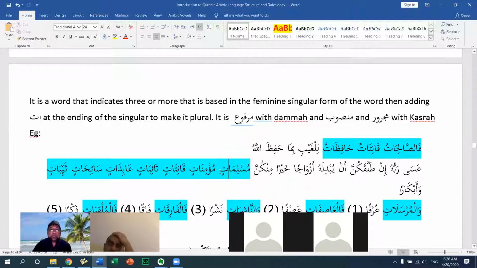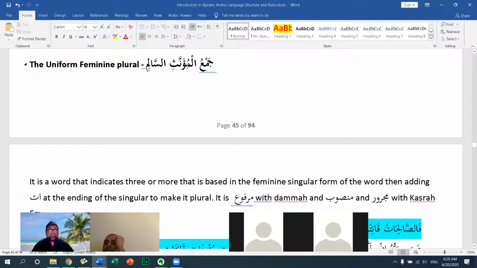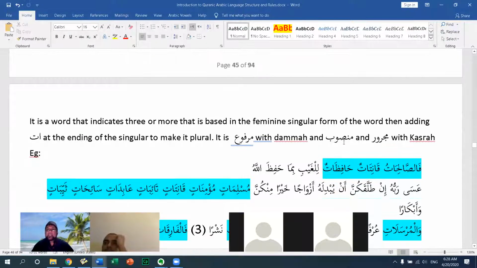But it's mansub with what? Come on, anybody? Kasra. Mansub bil kasra. Why is it mansub bil kasra? Because jama' al-mu'annath al-salim is mansub and majroor with kasra. See that?